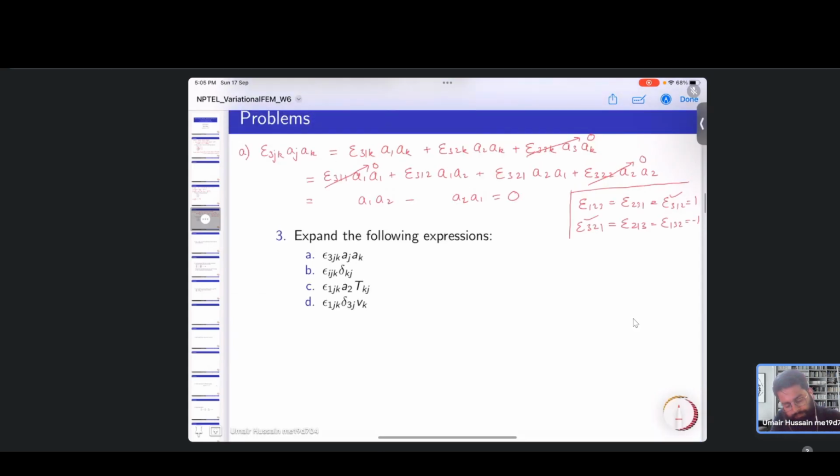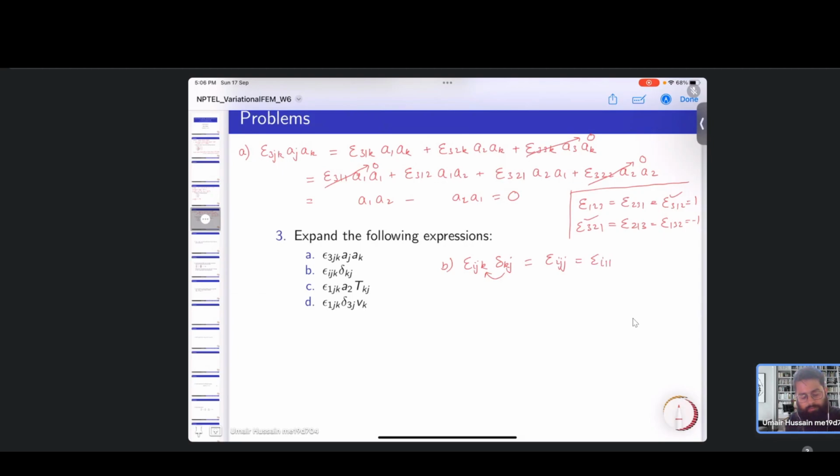Next we have epsilon ijk into delta kj. So now we have multiplication of the Levi-Civita symbol and the Kronecker delta. So we apply the substitution property. So we have epsilon ij, the k becomes j. So now if we have j as the dummy index, we can expand it, and whatever expansion we do, we'll always have a repetition here.